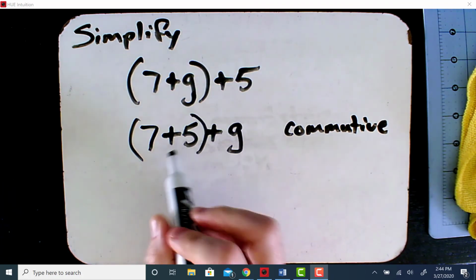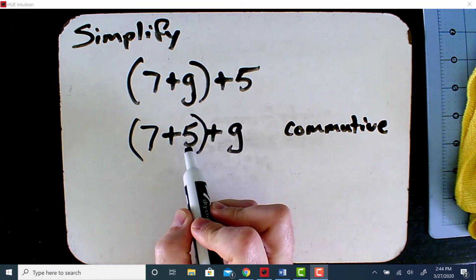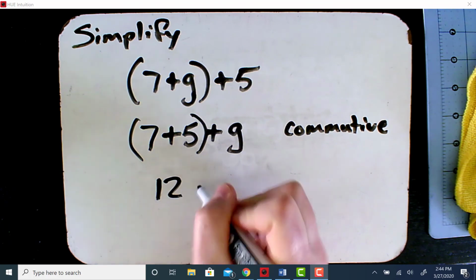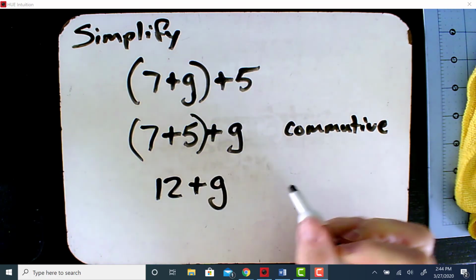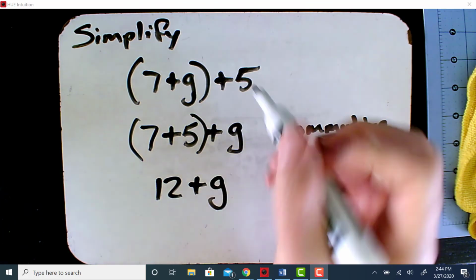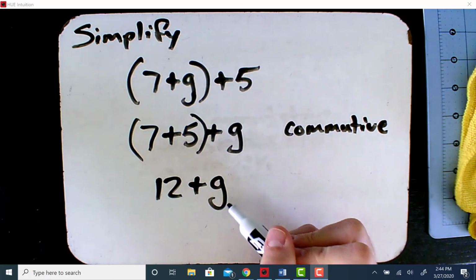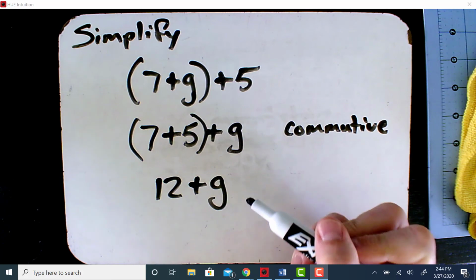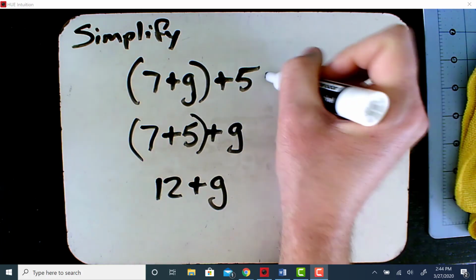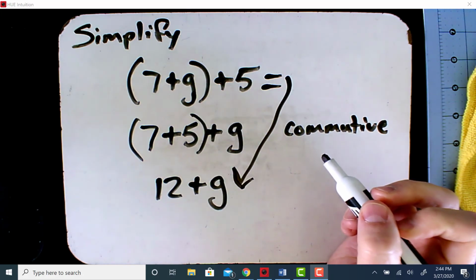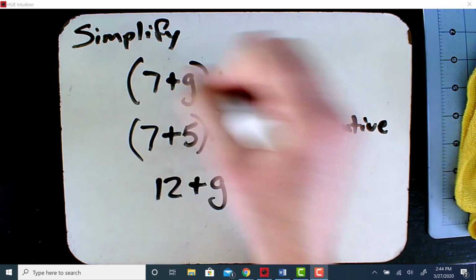Now 7 plus 5 is something that I can do. 7 plus 5 gets me 12. And so my simplified version of this particular expression, 7 plus g plus 5, is going to be a lot easier, 12 plus g. So this one is equal to this one. And so I've manipulated this to make it simpler.